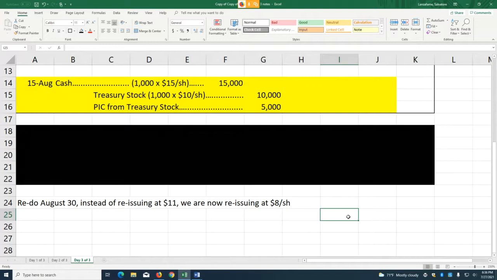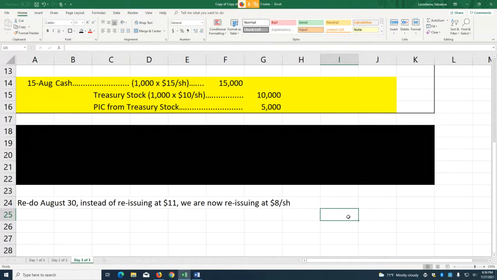So if I'm doing the journal entry and I'm going to debit it for 6,000, I'm not allowed to. The most I can debit it for is 5. So my pick from Treasury Stock can never have a debit balance. I can debit it, but it can't be debit heavy. It can't have the debit side bigger than the credit side. So that might happen here.